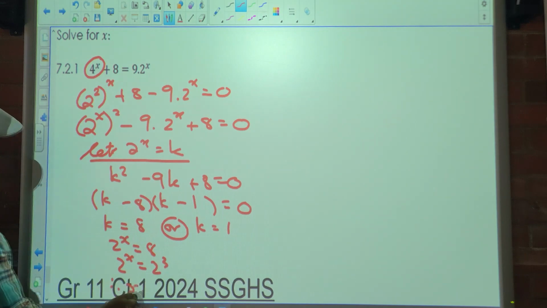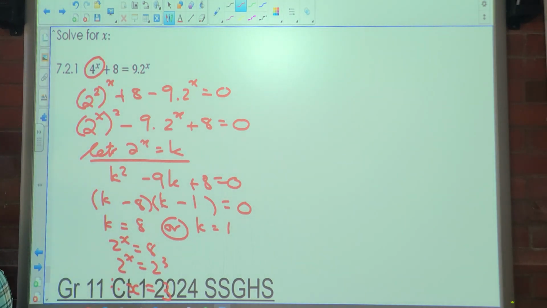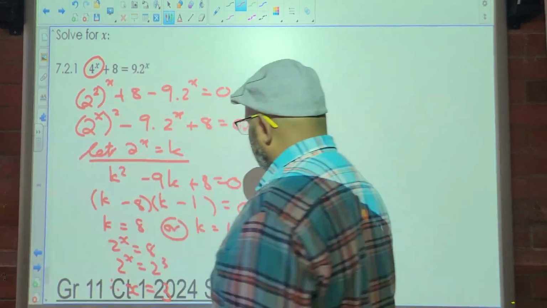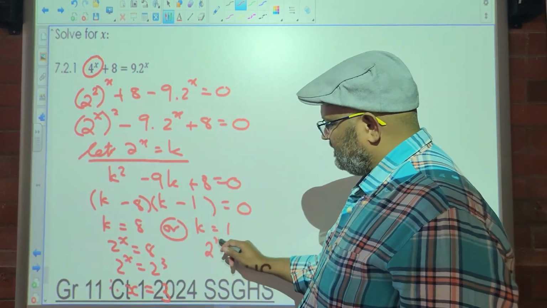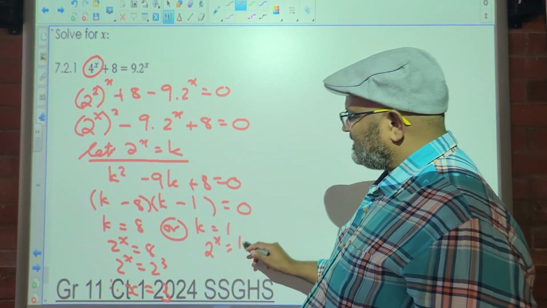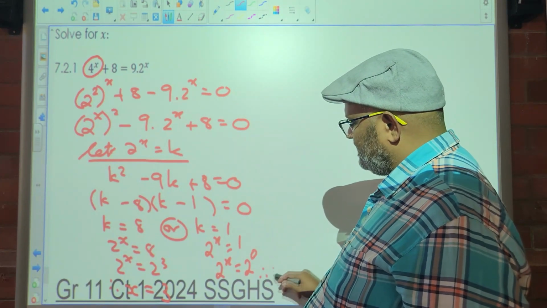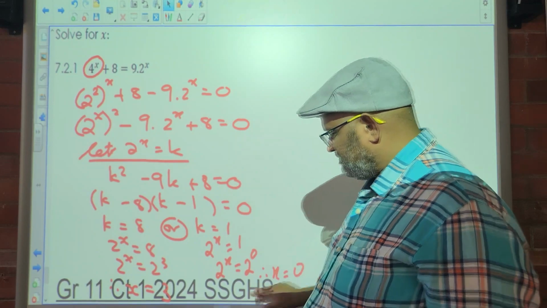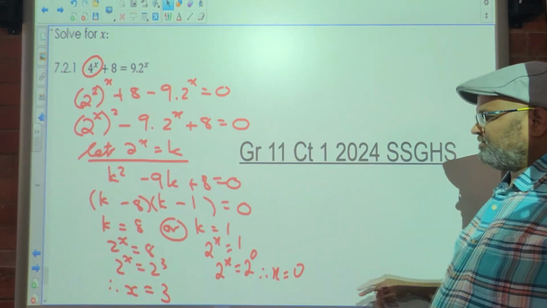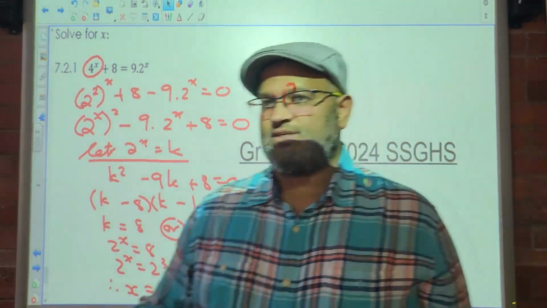Therefore x is equal to 3. On the other hand, we have 2 to the x equal to 1. But 1 can be written as 2 to the 0. So therefore x is equal to 0. So x is either equal to 3 or x equal to 0.